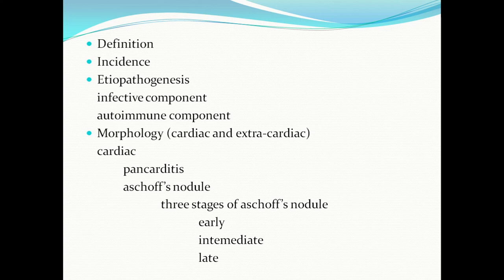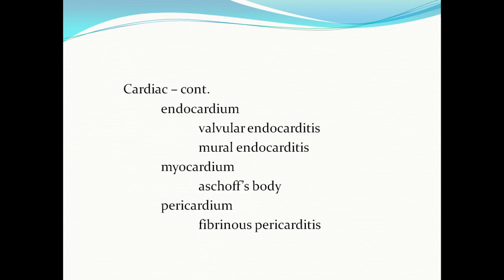We continue the cardiac lesions, in which the second one is endocardium. Endocardium has the valve and the endocardium proper. So in the valve, valvular endocarditis, and mural endocarditis in the endocardium proper.